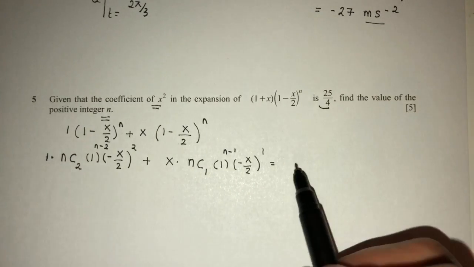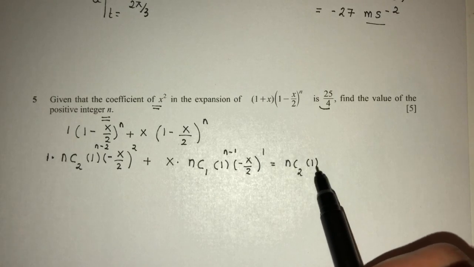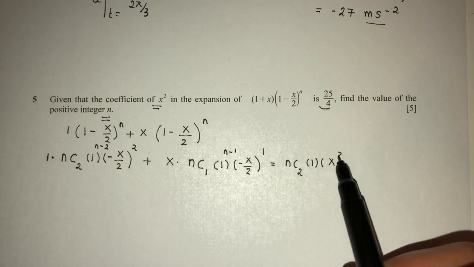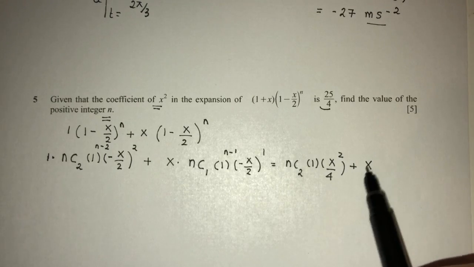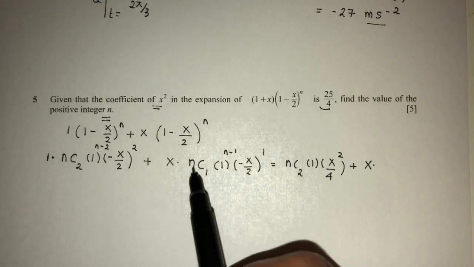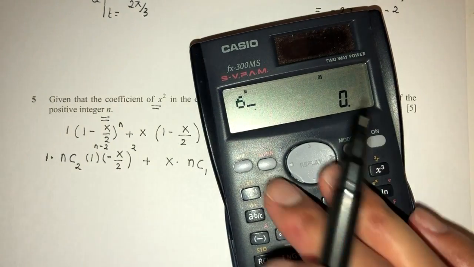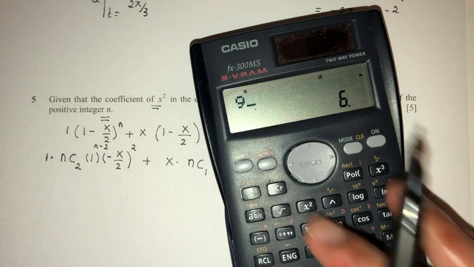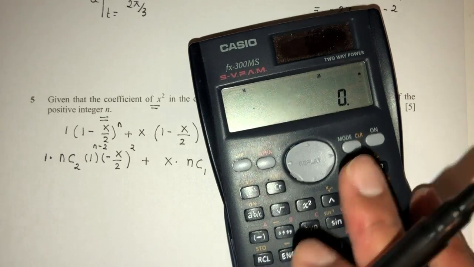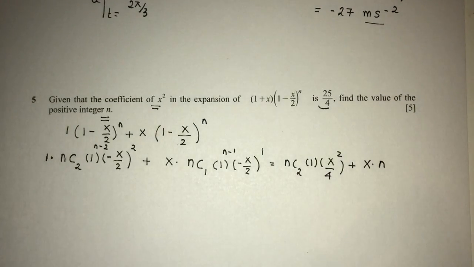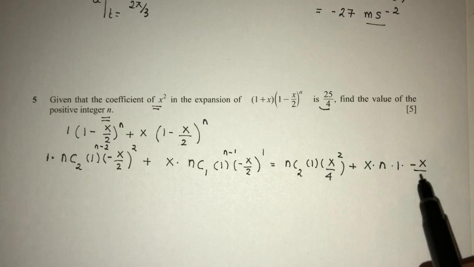So this is 1, that will be n choose 2, times 1, times x squared over 4, plus x times n choose 1, which is just n, you have to know, because if you try 6 choose 1, 9 choose 1 is 9, so n choose 1 will be n, and then this will be 1, and then this will be minus x over 2.